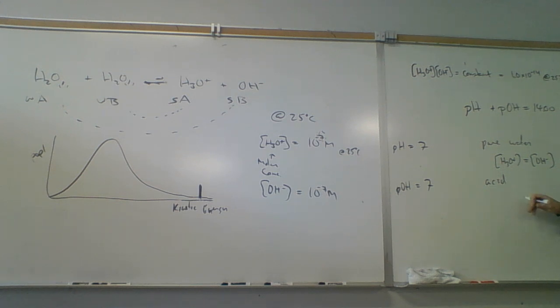Acids make H3O plus. So in acid solutions, we're going to have more H3O plus than OH minus. And in base solutions, base will add hydroxide. And so here the hydronium is going to be less than the hydroxide.